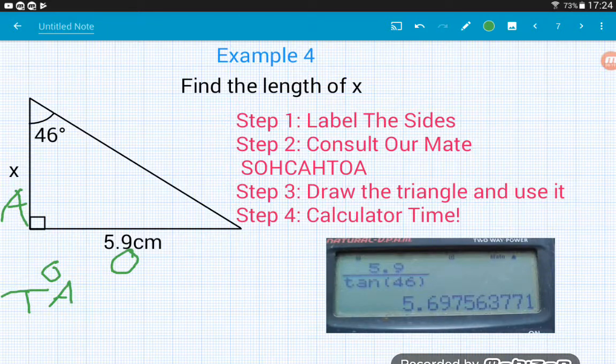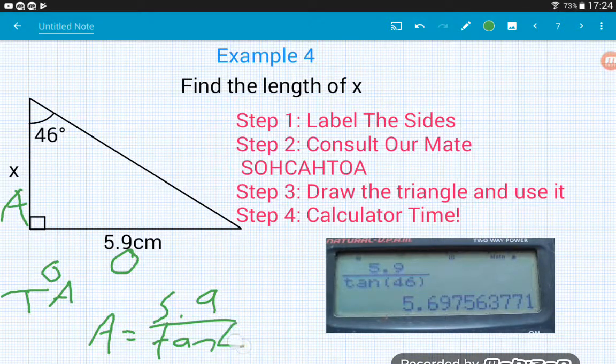If we cover that over, we would get the adjacent is equal to the opposite divided by tan of the angle. So 5.9 divided by tan of 46. Okay, and then again, whack that in your calculator and press equals. Job's a good one.